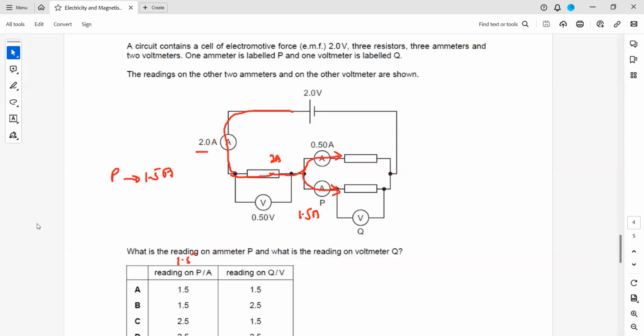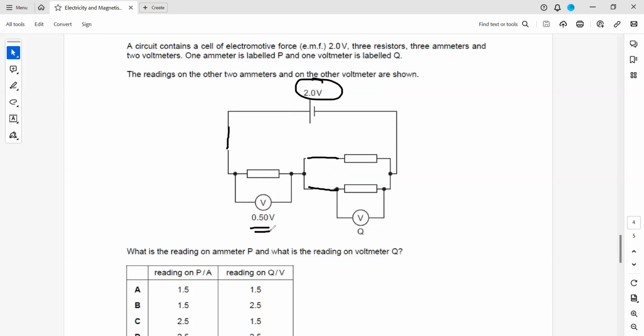Then the voltage is divided in series. When we talk about voltage, we don't bother about the current here. We ignore this ammeter, because we are talking about voltage now. In this circuit the maximum is 2 volts.